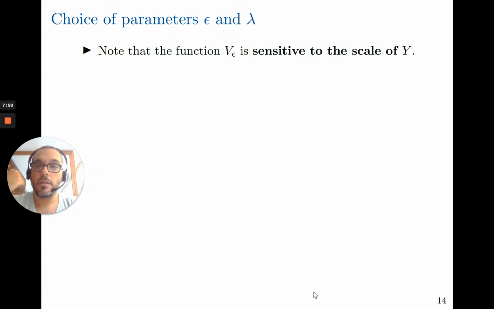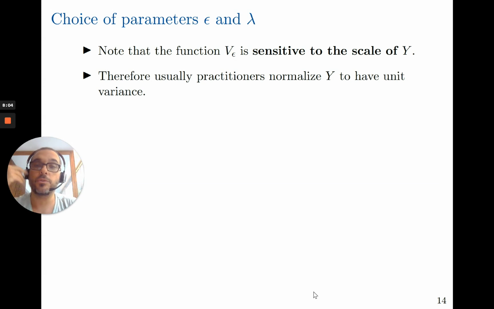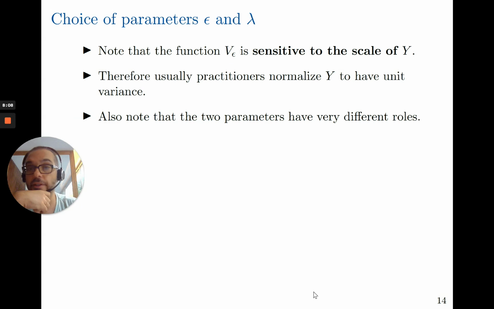We have two hyperparameters to choose, the epsilon and the lambda. The epsilon is of course sensitive to the scale of y, so usually we normalize the y's to have unit variance. The two parameters have different roles.